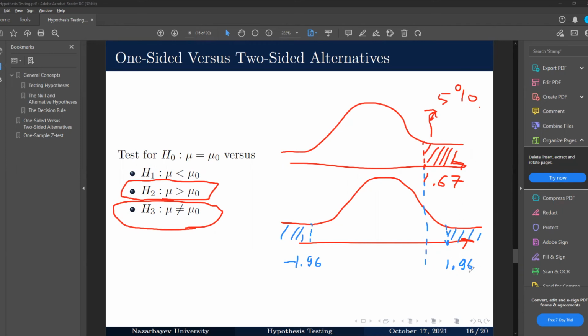As you can see, this value is greater than 1.67. Which means that you need more evidence to reject H naught when you use a two-tailed test, compared to a one-sided test at the same level of significance.